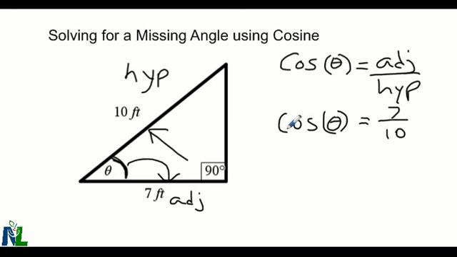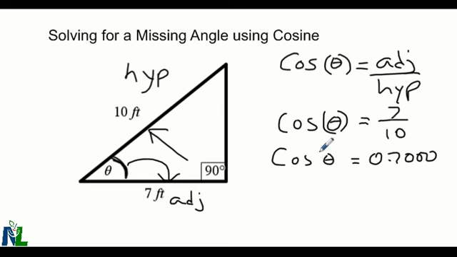So, if we look at this 7 over 10 as a decimal approximation using our calculator, then cosine of theta is going to equal 0.7000. Let's use 4 places after the decimal for a trig ratio.